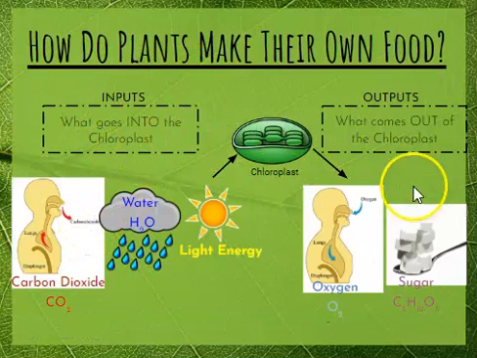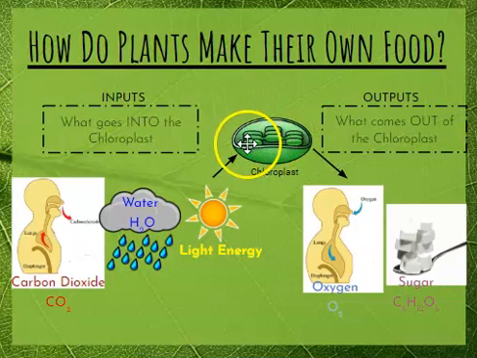So this is the overall process of actually making food. In the chloroplast of a plant cell, carbon dioxide, water, and light energy get absorbed into the cell. That's what goes in. We call those the inputs. And inside the chloroplast, I like to think about this like an oven.